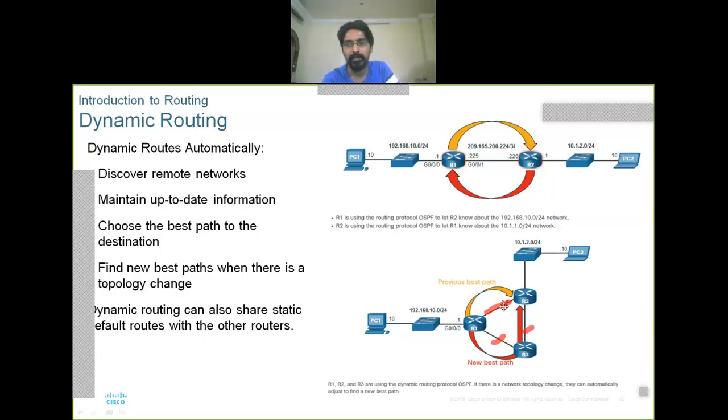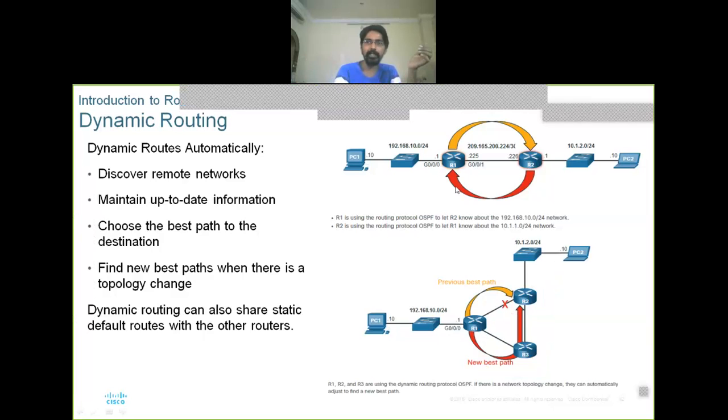Because in some situations, suppose this route fails, that link is broken. In that case, the packet is transferred with this new best path. That means if we have more than one route to a destination, if one route gets blocked or disconnected, we can transfer the packets through the new route. Right.